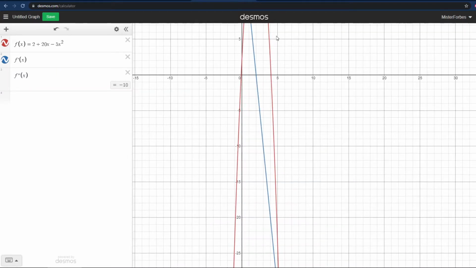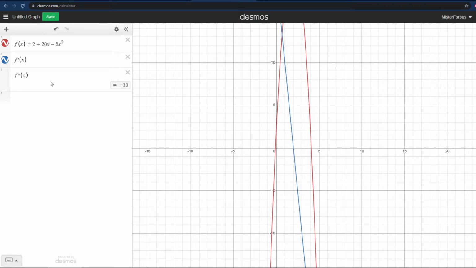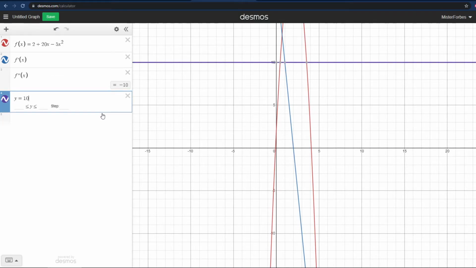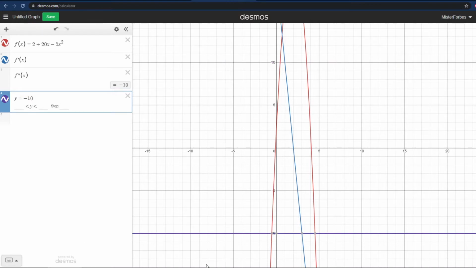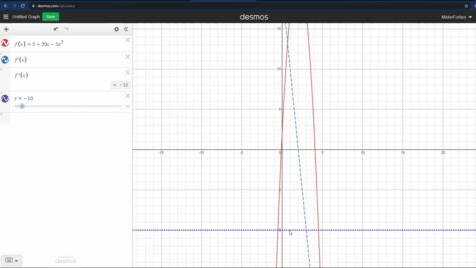Now, acceleration is constant. Be there, I want you to be there. Dang it. y equals 10. Fine. Oh, whoopsies, my bad. Negative 10. Alright, and I'm going to make these dashy for you so you can see what's happening. Right. The next derivative, acceleration, the deceleration is constant.